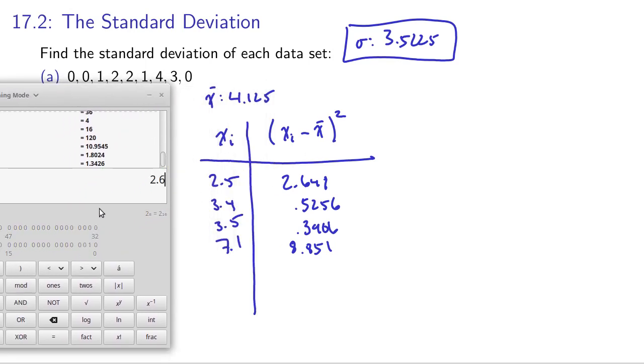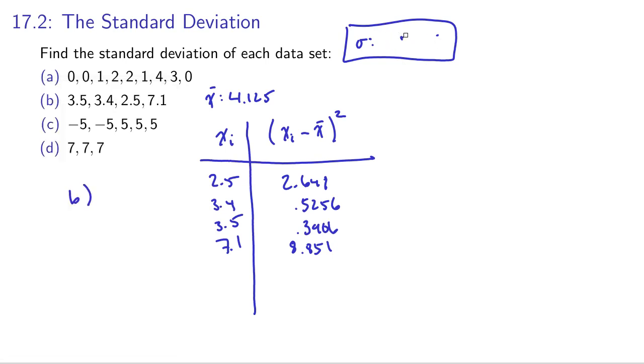So we should have had 2.641 plus 0.5256 plus 0.3906 plus 8.851 divided by 4, 3.10205. That should have been the variance, and the square root of that, 1.7613. So 1.761 is the standard deviation for B.